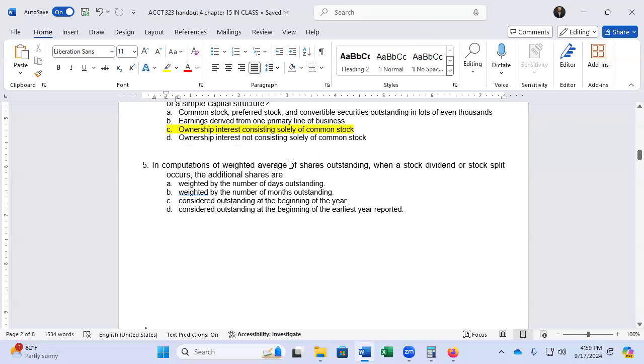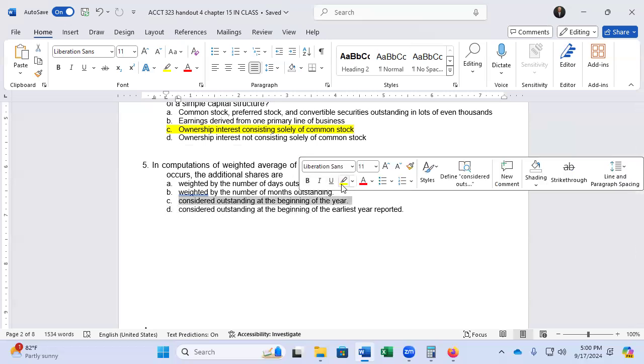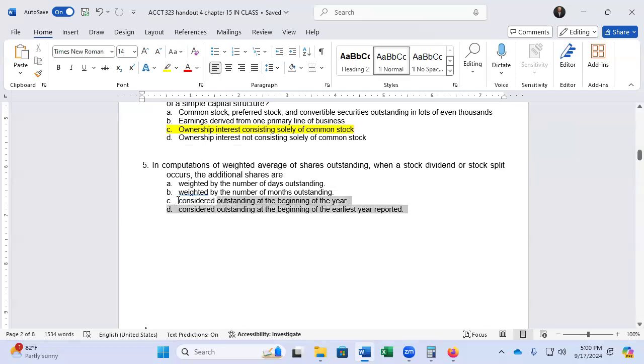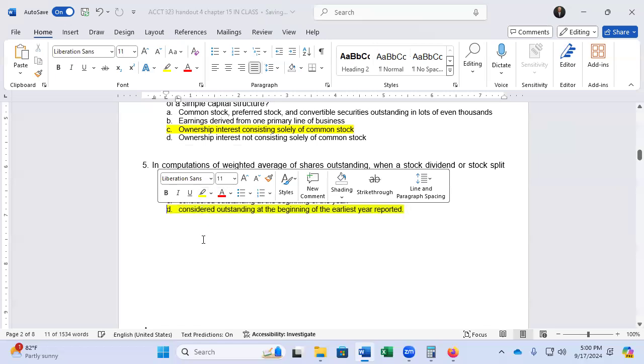In computations of weighted average shares outstanding, when a stock dividend or stock split occurs, the additional shares are considered outstanding at the beginning of the year. Sorry, the earliest year reported.